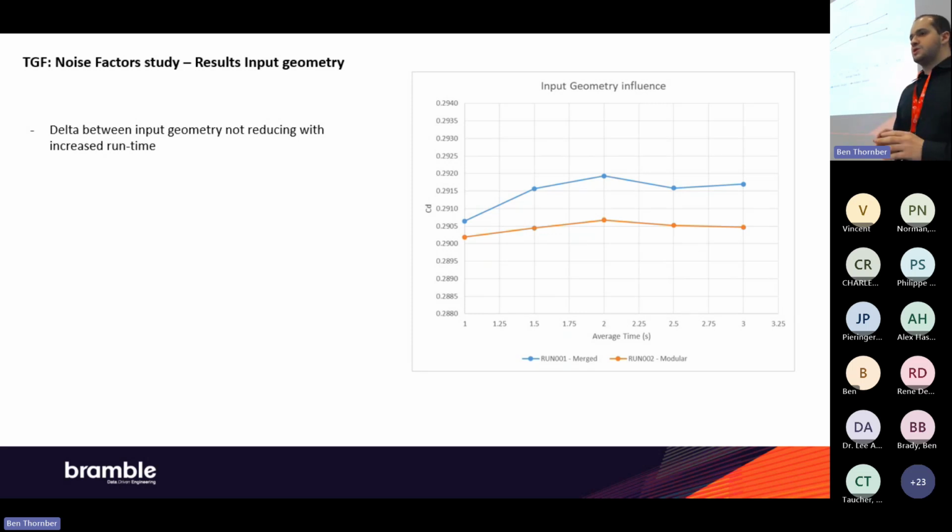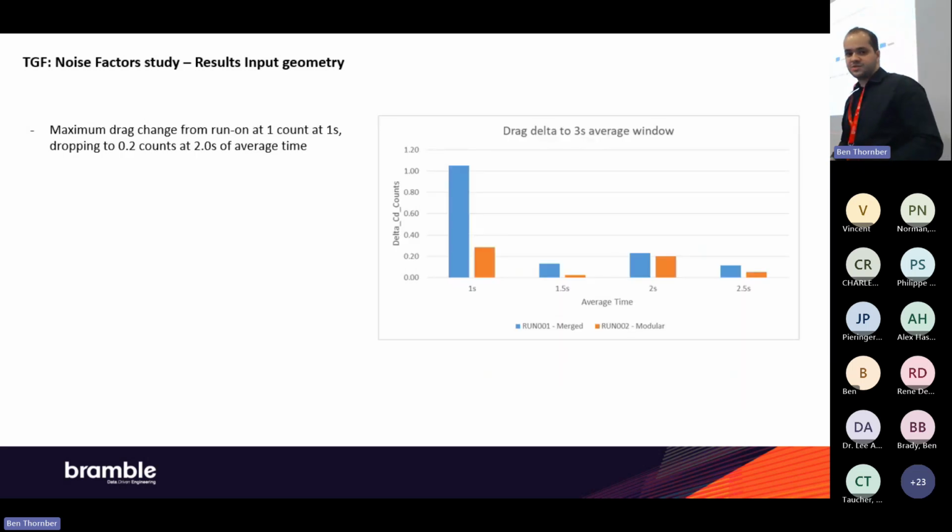About the results, it was the drag results. One of the main differences compared with the initialization was that by running the solution longer, there was not a convergence between the drag values. They were more shifted, which was quite different from what we would expect as well.